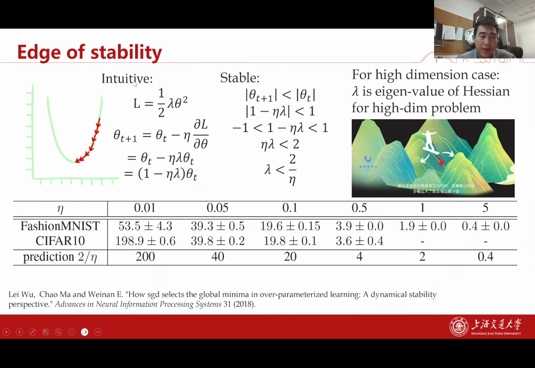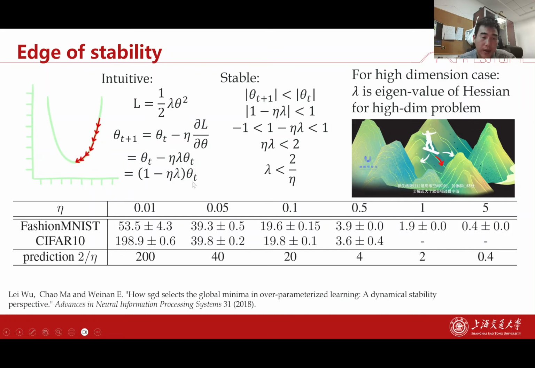So let's give an intuitive mathematical deduction for understanding their relation. Consider a loss function that is a quadratic function. This theta is your parameter. This lambda is the curvature, the second order derivative. The gradient descent is very simple. The parameter at t plus 1 equals the one at t minus the learning rate times the gradient. Since this is a quadratic function, this gradient equals lambda theta.